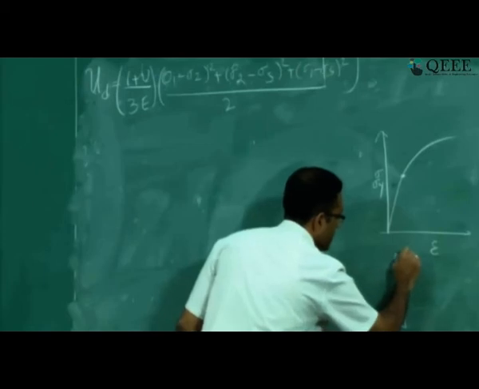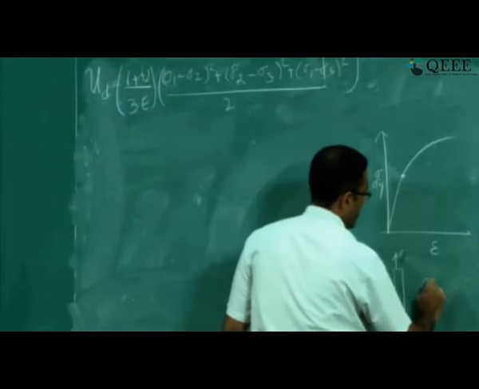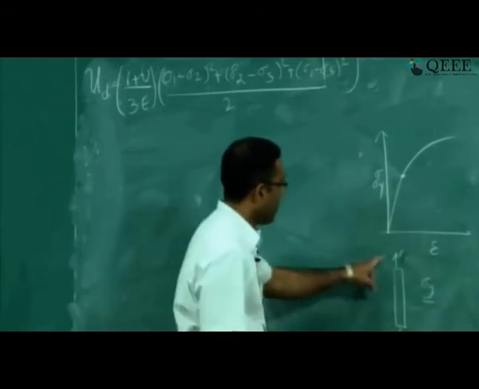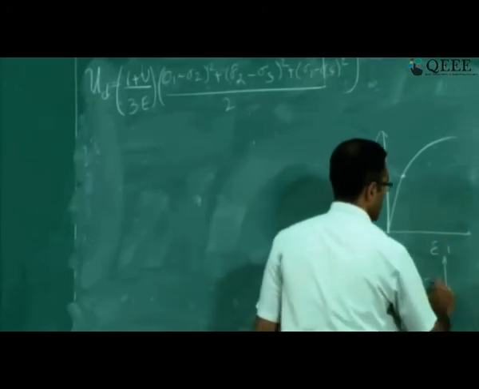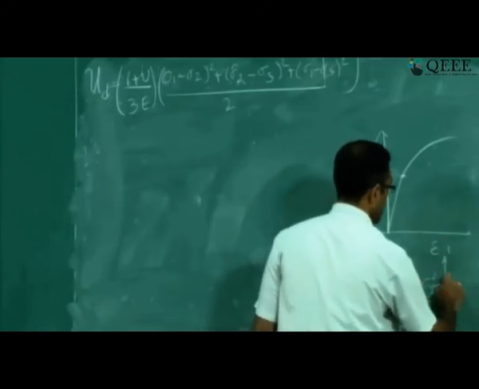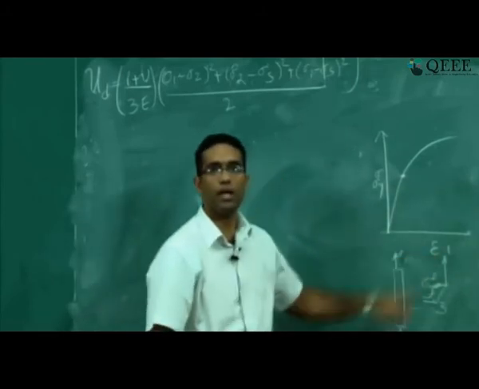You have just pulled it like this, and it yielded, it failed at a value of sigma 1 equal to sigma y. So this is my 1, this is my 2, and this is my 3, pointing outside the board. When the value of sigma 1 was equal to sigma y, it failed.